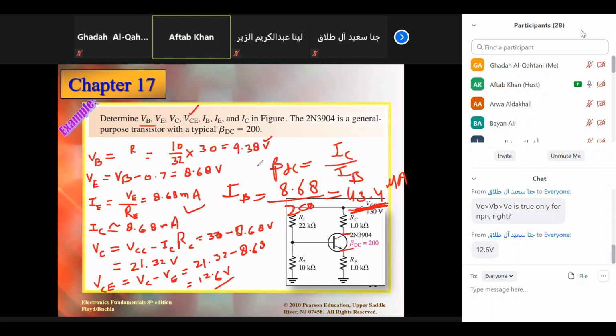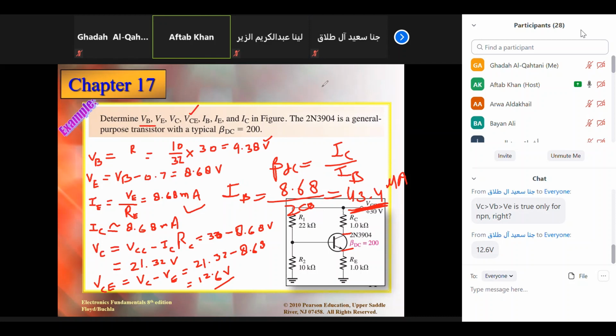So it is 43.4 micro. Okay. Yeah, could be. Because it will go up, so it will go to 43.